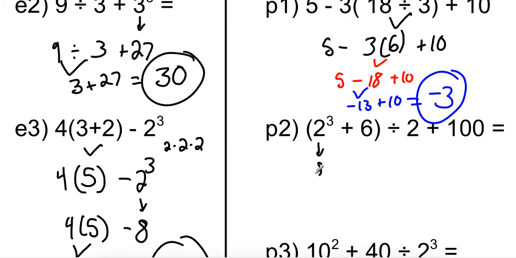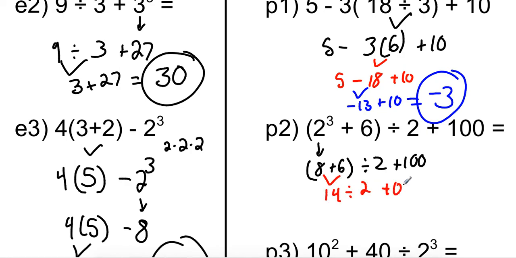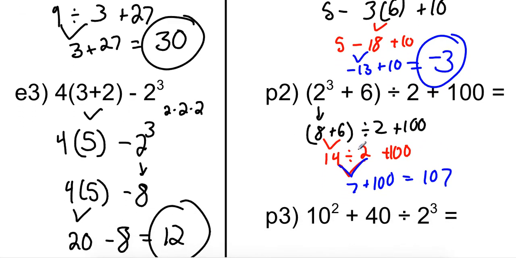This is going to give me 8 plus 6 divided by 2 plus 100. 8 plus 6 is 14 divided by 2 plus 100. Now we're working with division next. 14 divided by 2 gives me 7 plus 100, which is just 107.